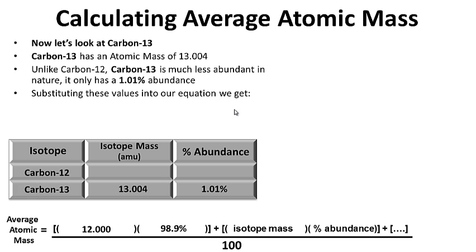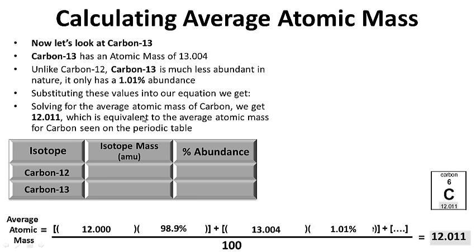For carbon-13, the isotopic mass is 13.004 and its percent abundance is 1.01. Multiply these values, add them up, and then divide by 100. Solving for the average atomic mass of carbon, we get 12.011, which is equivalent to the average atomic mass for carbon seen on the periodic table.